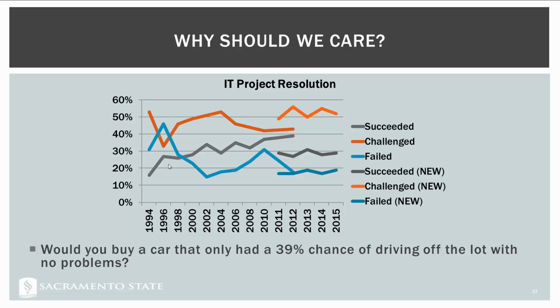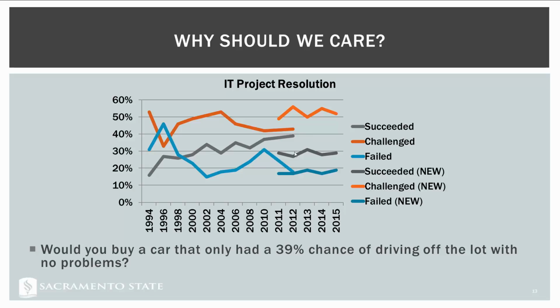Whether the projects were challenged, meaning they had problems, either they were over budget, they were over scope, or parts of the project had to be cut. Those are the orange lines, this orange line right here. Or whether they failed completely. The project had to be scrapped for whatever reason. That's the blue line here.